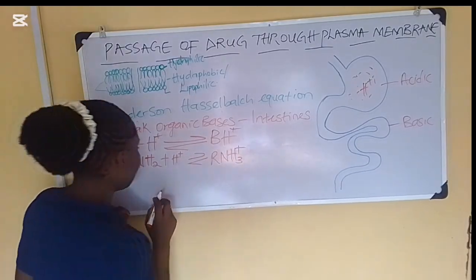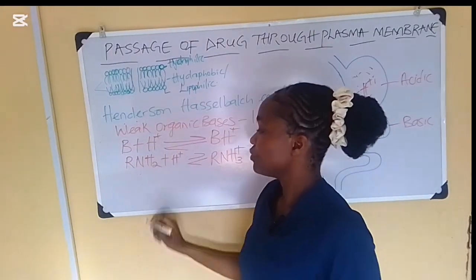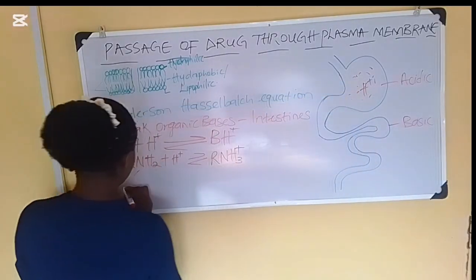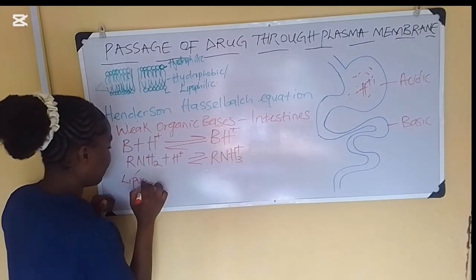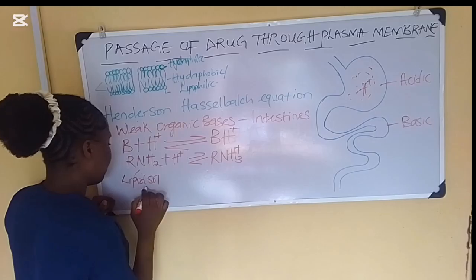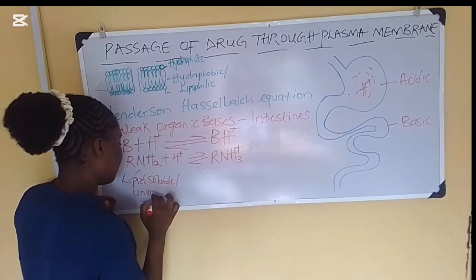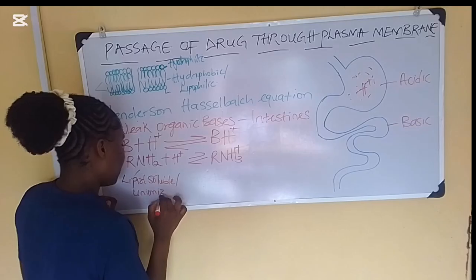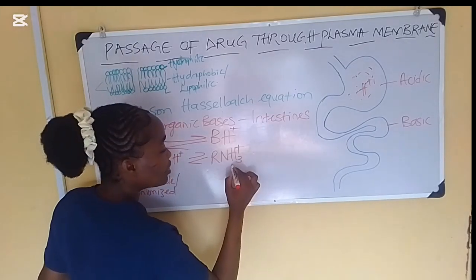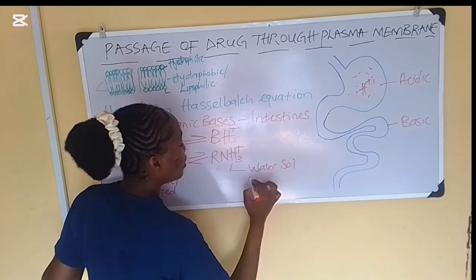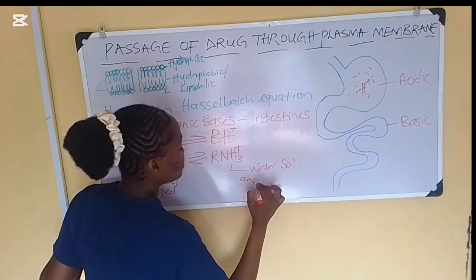Now, the drug in this form is lipid soluble and unionized, while the drug in this form is water soluble and ionized.